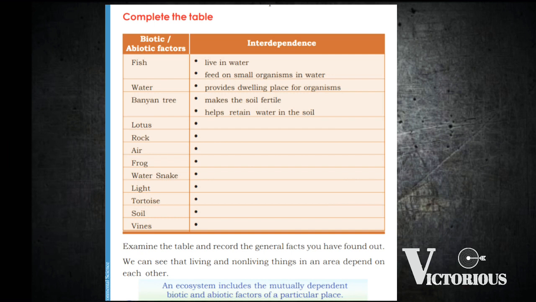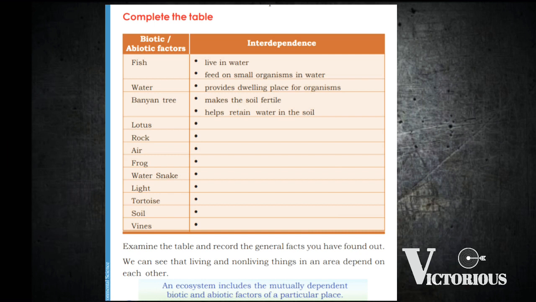Okay, children, now we are going to discuss the interdependence of biotic and abiotic factors. Look at the fish first. Fish need water, right? So fish live in water. Fish feed on small organisms in water. Without water, fish can't live. Next, water.